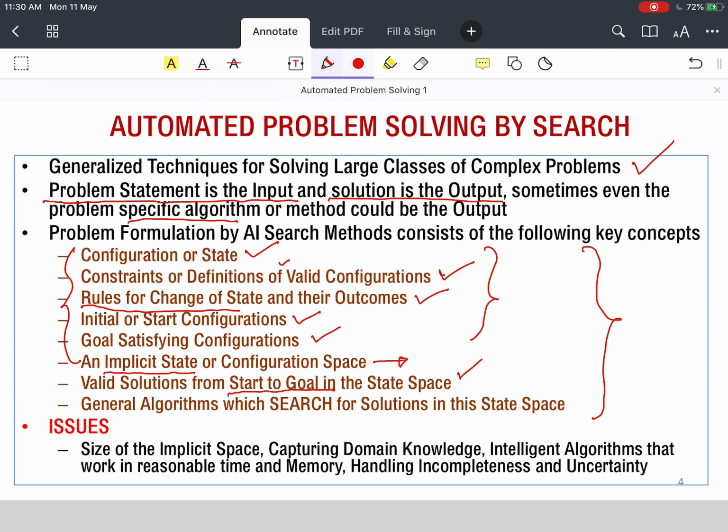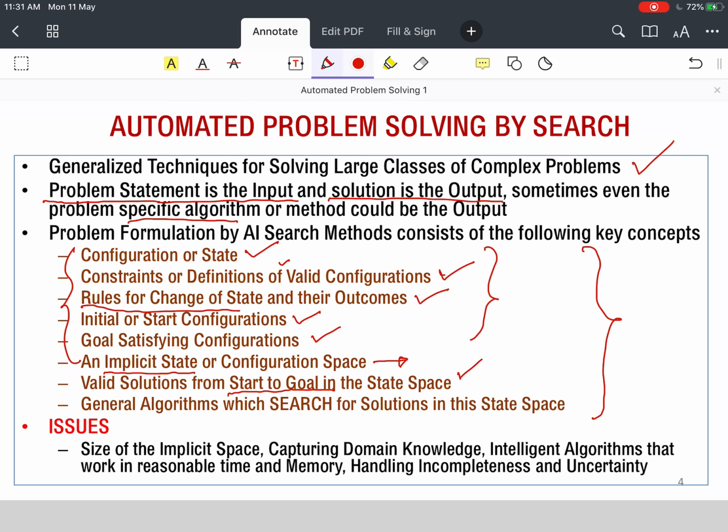Therefore, opening up that whole space and putting that whole space in memory and then trying to find that solution is not a correct approach. Search methods try to open and unfold this implicit search space, intelligently search it to find a path from start to goal without looking at all possible states.